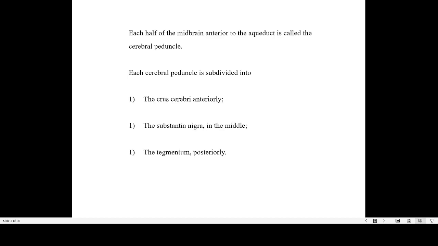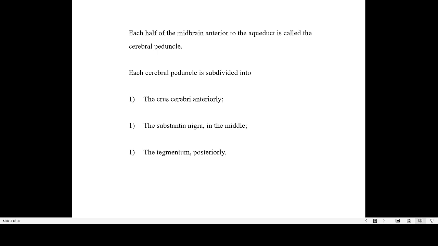Then again, each half of the midbrain anterior to the aqueduct is called the cerebral peduncle.